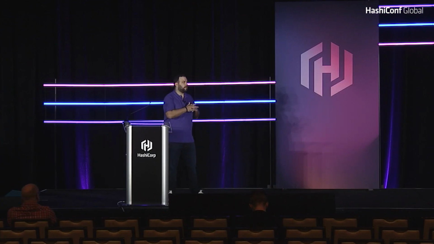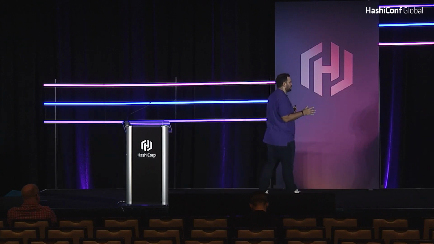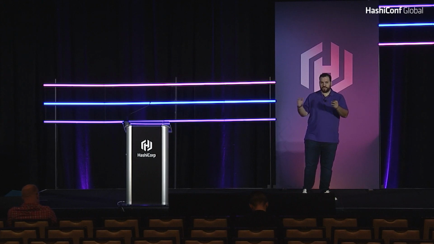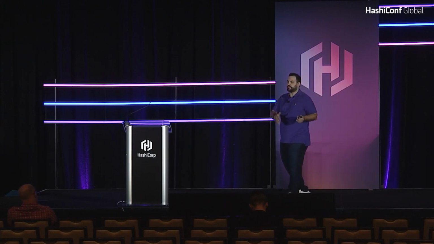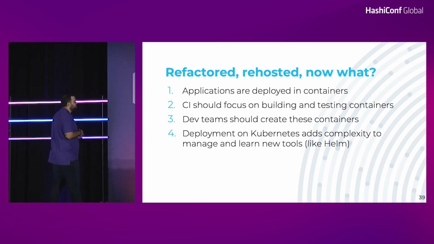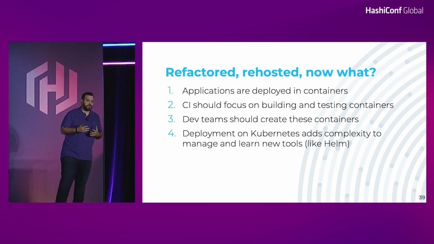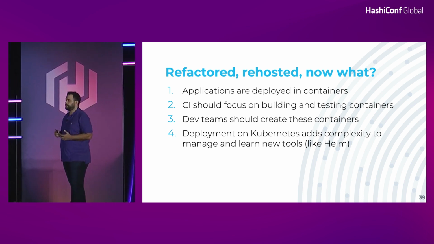So we've refactored the application. We have a new application. We have the microservices. We have the new infrastructure now. We want to deploy our new services in the new infrastructure. And again, the development team has a few difficulties there.